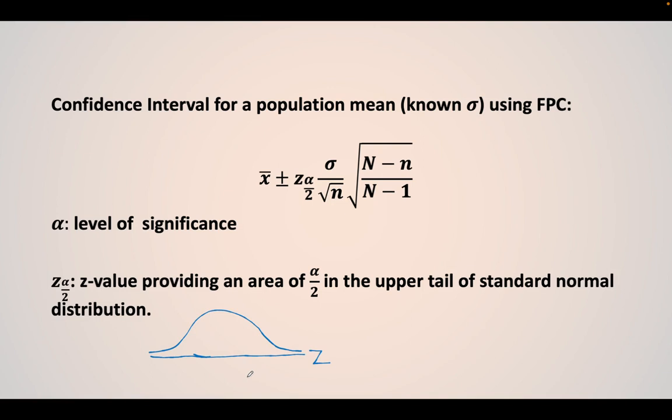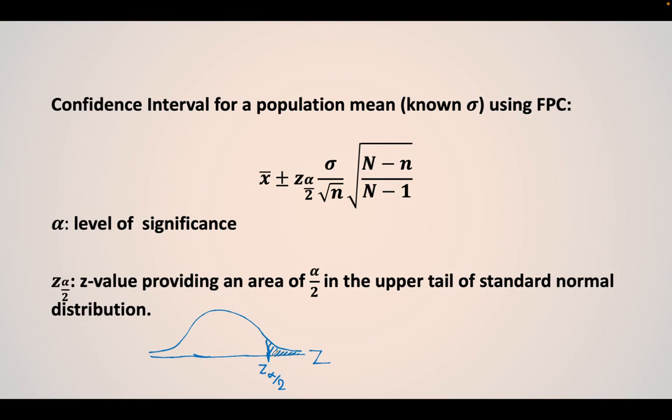I'm looking for Z alpha divided by 2. Z alpha divided by 2 is a Z value on the upper tail, and this Z value provides an area of alpha divided by 2 on the tail on the right side.